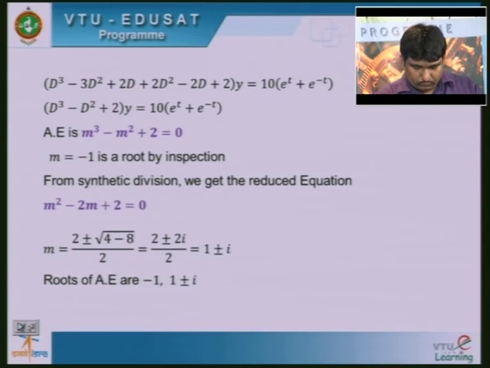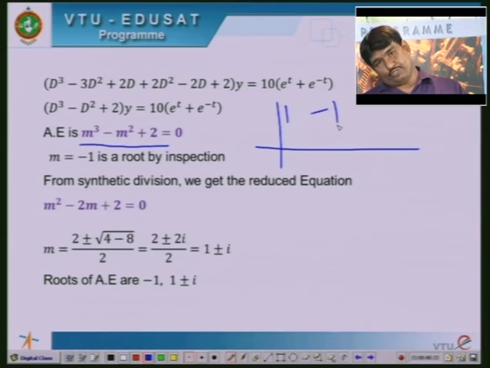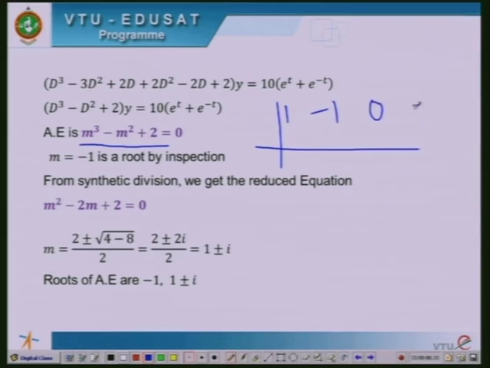I will write the coefficients of this. Coefficient of m cube is 1, coefficient of m square is minus 1, coefficient of m is missing, which is 0, then the constant term 2: 1, minus 1, 0, 2. Root is m equals minus 1.